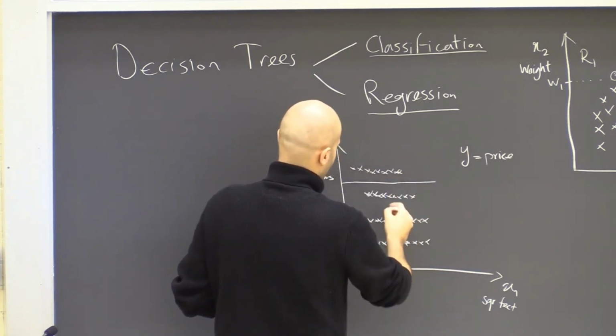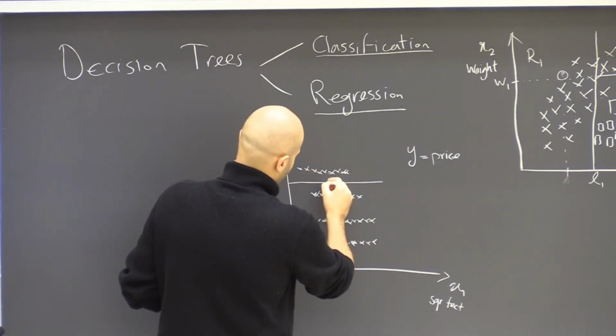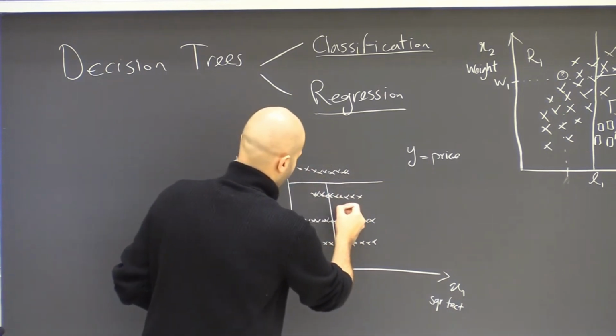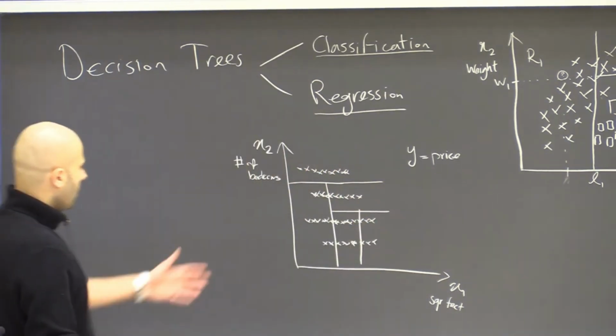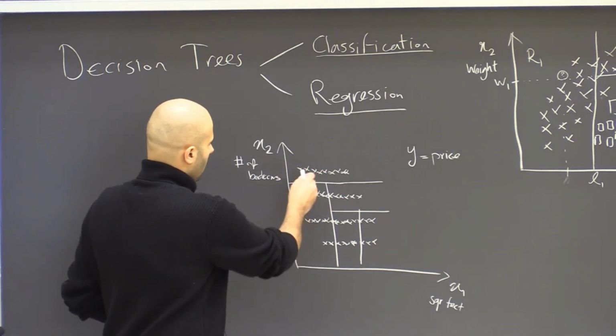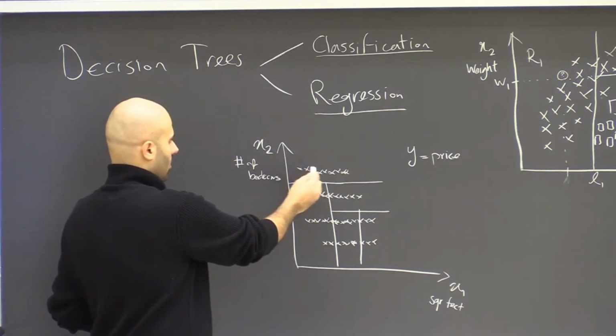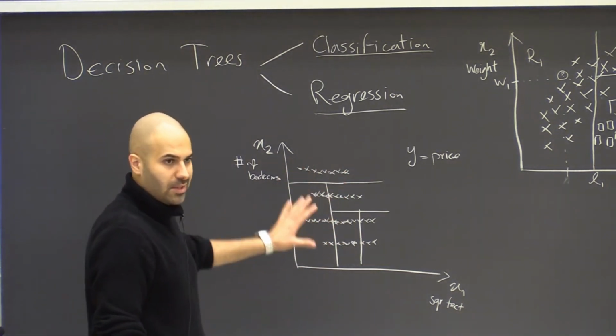Let's say first this line, then maybe it makes sense to separate small apartments. Then maybe we have this line, then maybe this line, and so on. And then for each of these regions, y is relatively similar. So let's say y, price of this apartment is close to price of this apartment. So the homogeneity of the regions, we cannot see it, but they are relatively homogeneous.